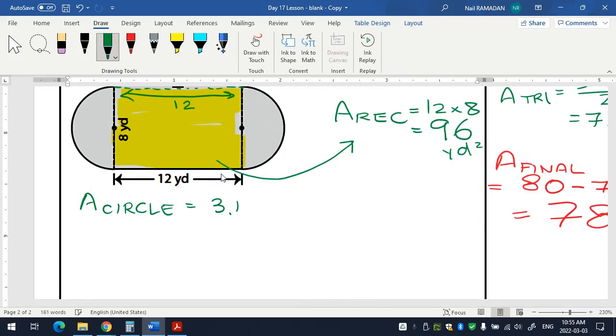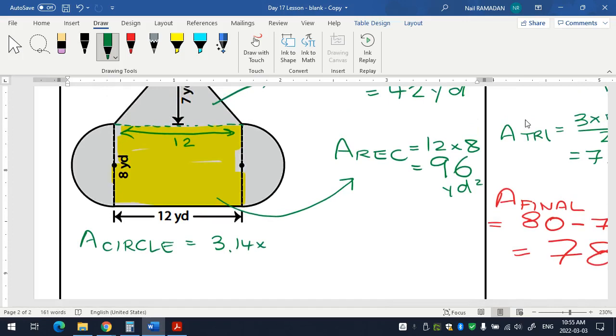equals 3.14 times. Everyone, what's the radius here? Not 8, no. How much? 4. Look, everyone. This is the circle or the half circle. How much is this? 8, which means this is 4 and 4. So if you combine it together, it's a circle with radius 4.